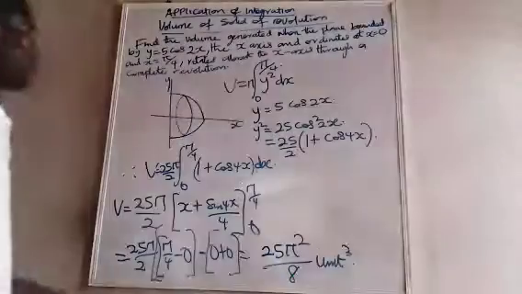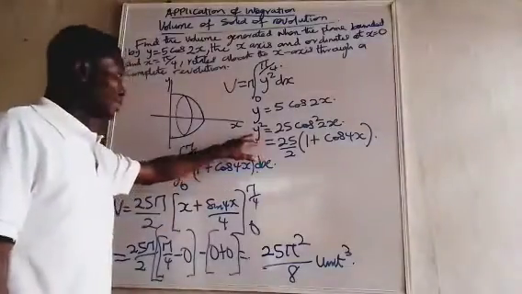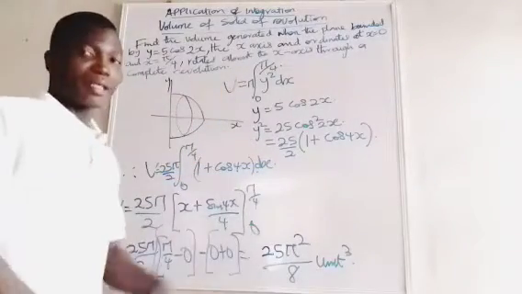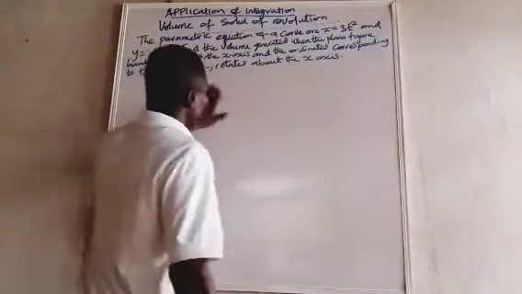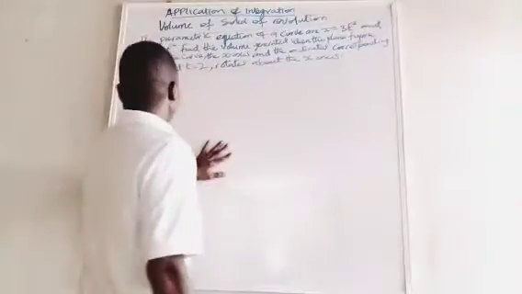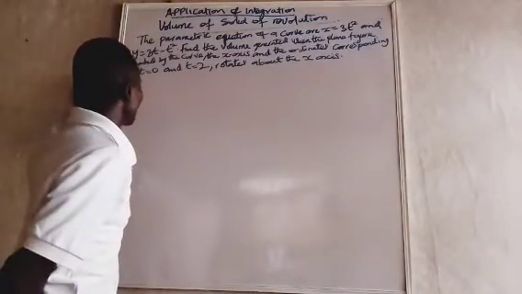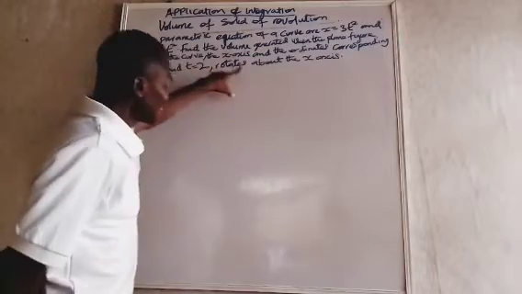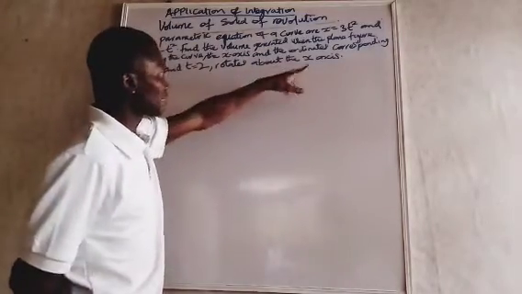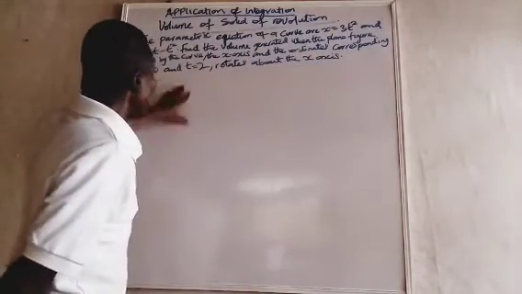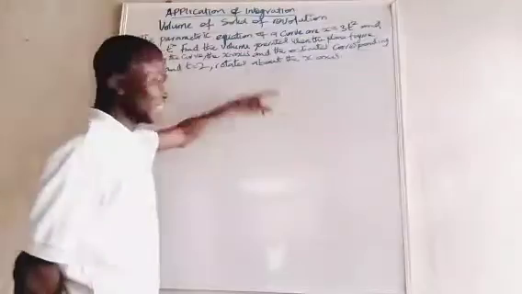So you can see, all you need to do is just to convert this. Just get your y squared and your answer is okay. Now look at this. The parametric equations of a curve are x equals 3t squared and y equals 3t minus t squared. Find the volume generated when the plane figure bounded by the curve, the x-axis, and the ordinates corresponding to t equals 0 and t equals 2 rotates about the x-axis.